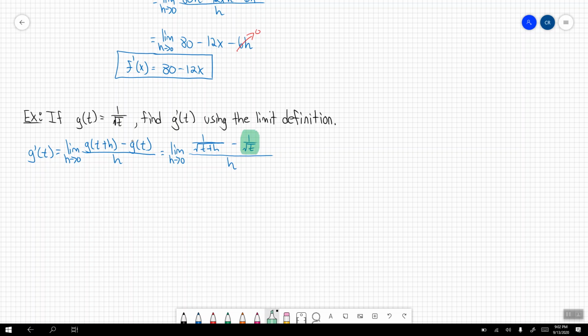And again, g of t is that specific term. G of t plus h is this first term that we're looking at here. Great. Now, in order to simplify this, I'm going to multiply both numerator and denominator by square root of t multiplied by square root of t plus h.